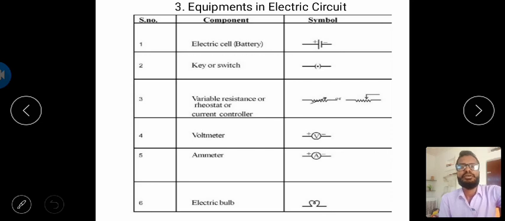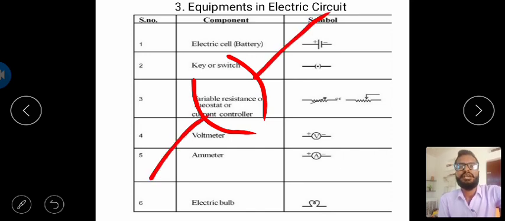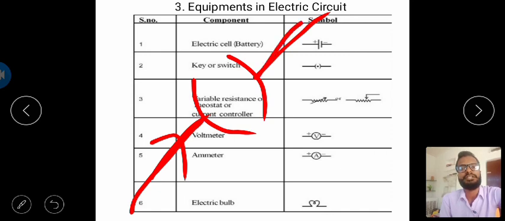If we talk about a switch or key, then it will be represented like this. If there is nothing in the bracket, then we say that the switch is off. Switch is off means the current flowing in the circuit will stay here and will not pass in this direction.